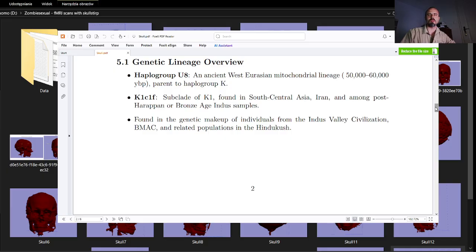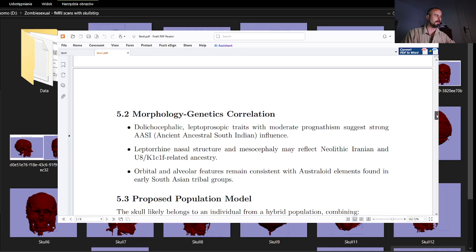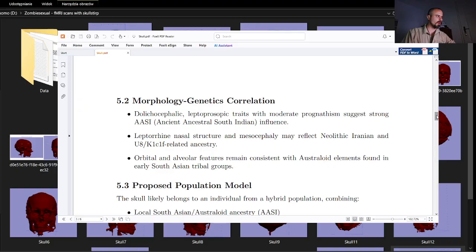Hindu Kush, by the way, means Hindikula, that is the mountains, the trade routes of slaves from India towards the west. Plenty of Hindi died in the process. That's why this range is called Hindikula. So morphology and genetics correlate: again dolichocephalic, leptoprosopic traits that suggest South Indian ancestral influence.